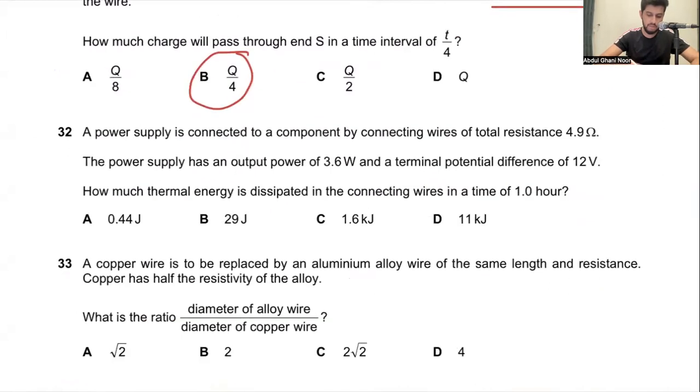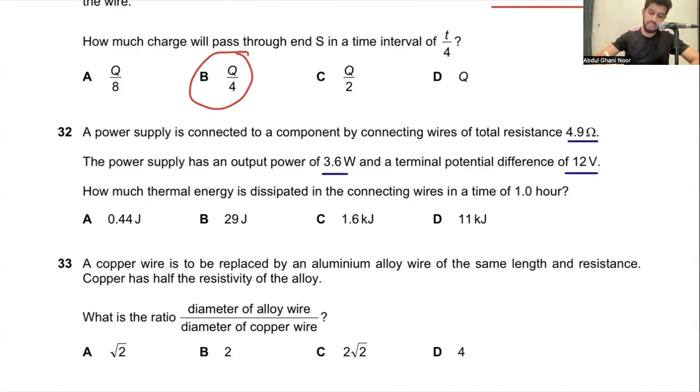A power supply is connected to a component by connecting wires of total resistance 4.9 ohms. The power supply has an output power of 3.6 watts and a terminal potential difference of 12 volts.